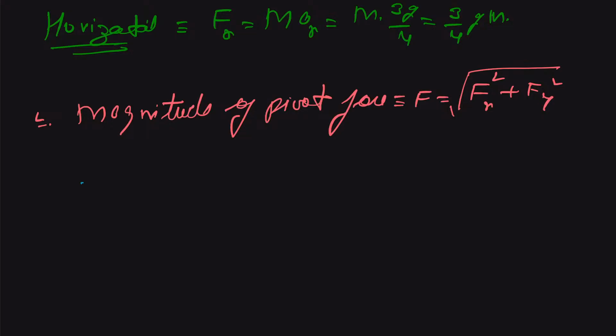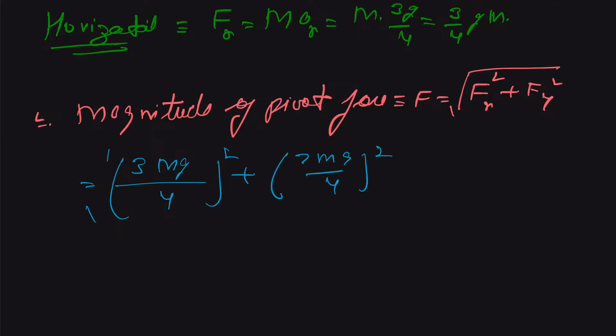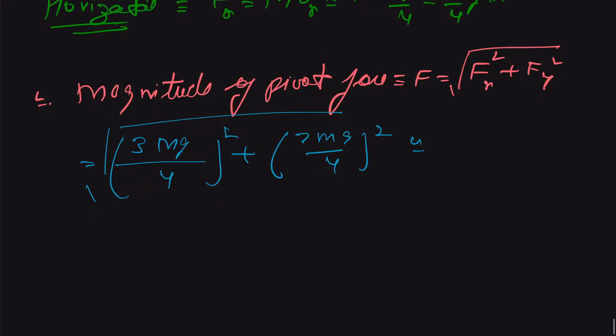Therefore we get this as the square root of (3 mg by 4) whole square plus (7 mg by 4) whole square. This will come approximately as square root of 58 by 4 times mg.